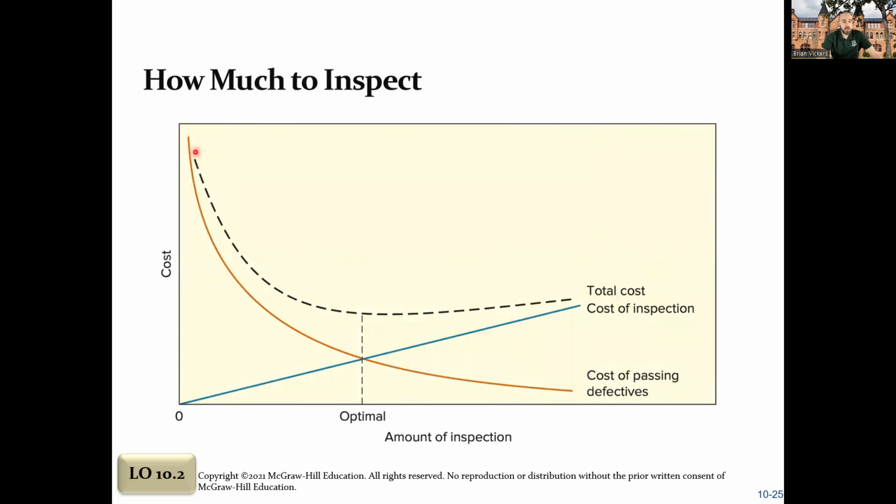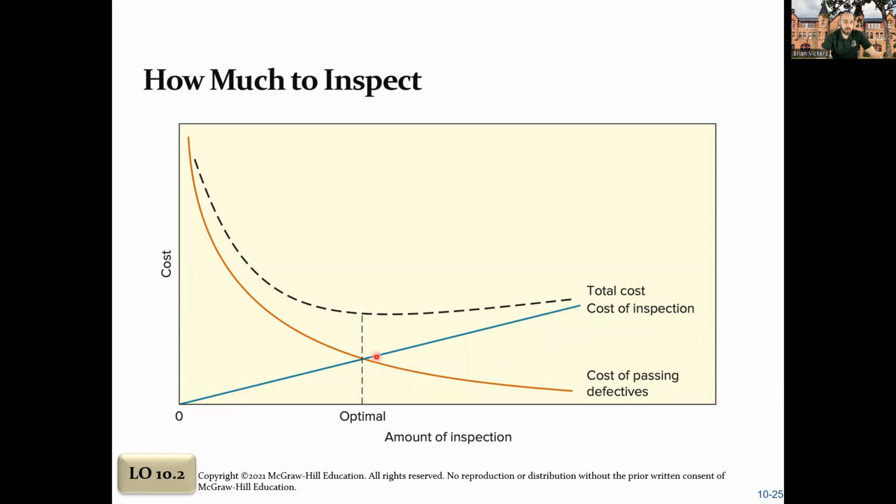Here you'll see, if you look at this dotted line, this is the total cost of inspection. And this orange line is how much would it cost if defects got through, right? And the blue line is the cost of inspection itself.